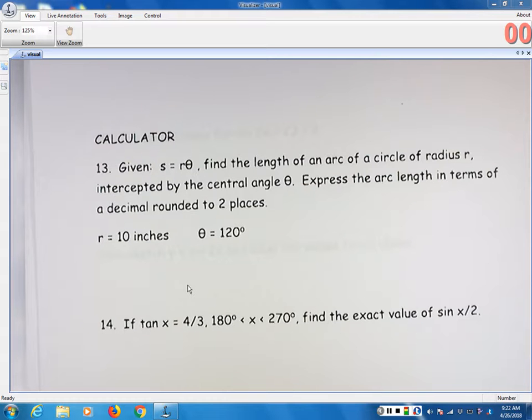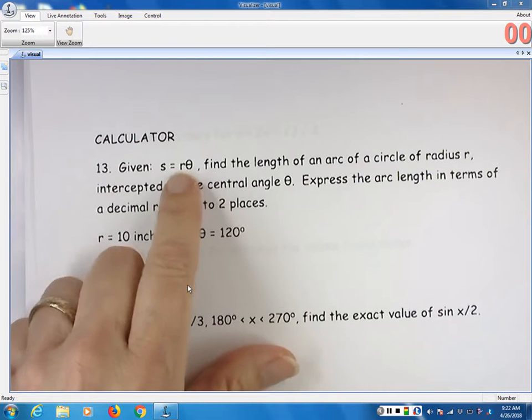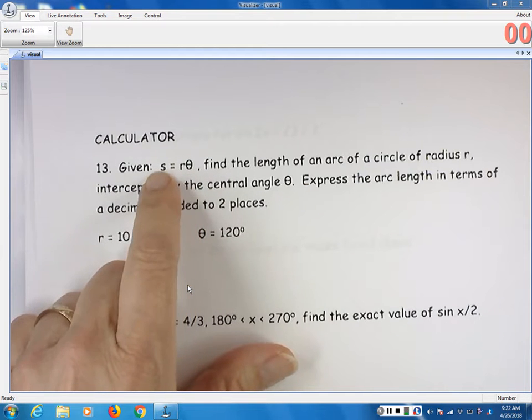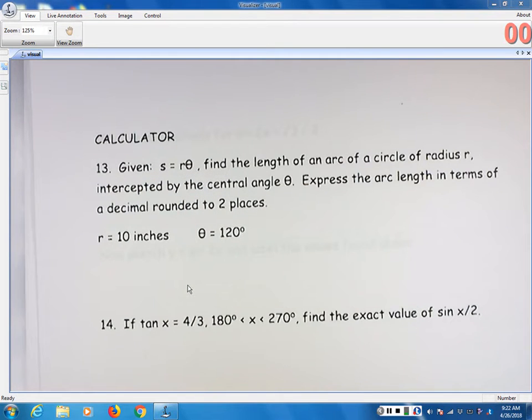Okay, so this was the first section, so you probably don't remember this one. But I give you this formula in this problem. Arc length equals the length of an arc. So this was a picture.